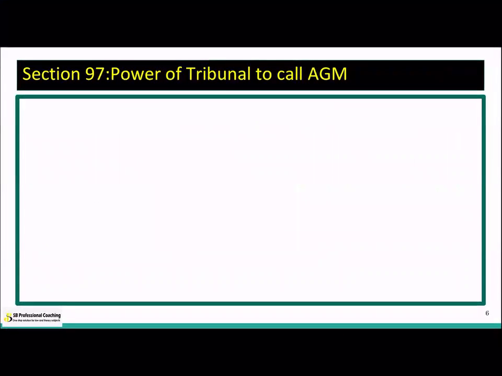In case the company defaults in holding the annual general meeting, what is the remedy which is there to the members? Any member of the company can go to the tribunal and apply for the tribunal to exercise its power. What is the power that the tribunal is having?